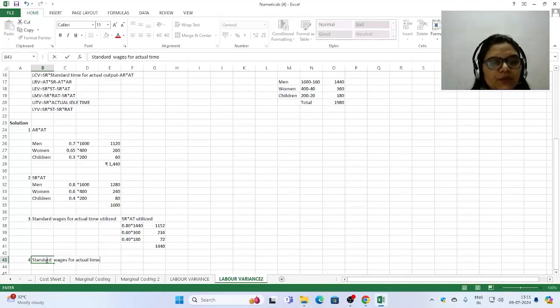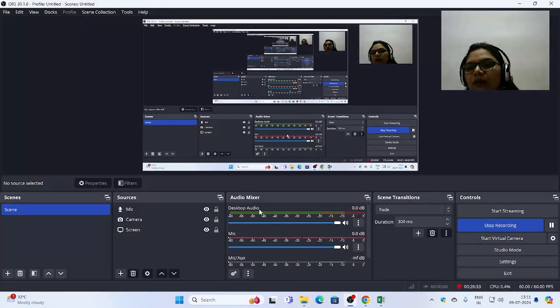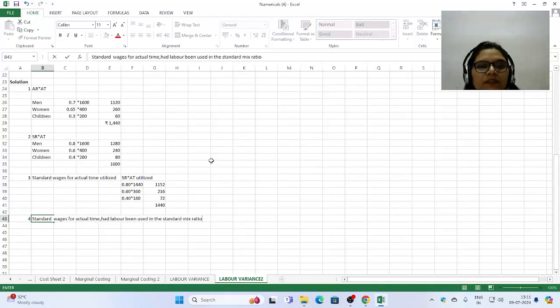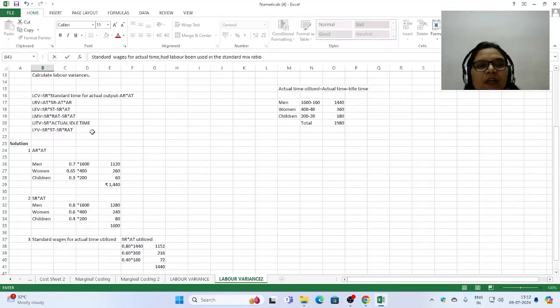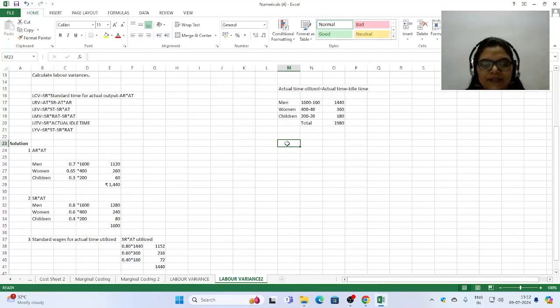Had labor been used in the standard mix ratio? Now, what we have done in this particular question, labor mix variance is equal to standard rate into revised actual time. RAT stands for revised actual time.